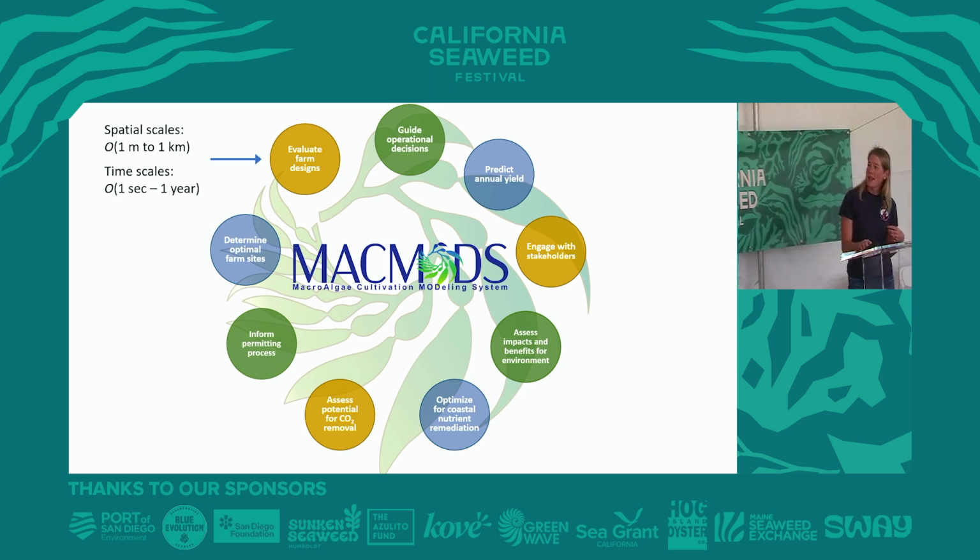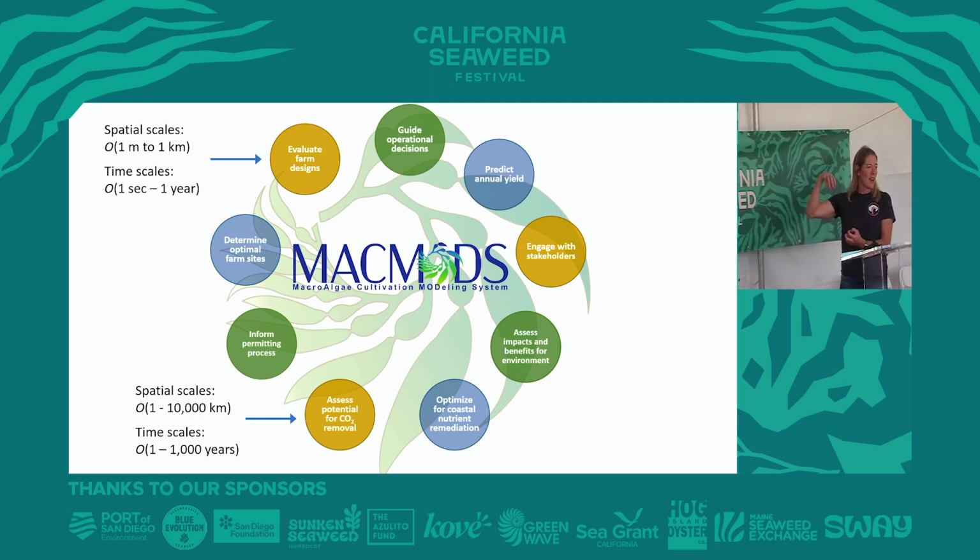And so the things that we're trying to do here range in scales, both in spatial scales from really large scales to really small scales, especially if you're trying to think about farm design. And so that's a real challenge for modeling because with models, you kind of have to choose a scale and focus on those questions.